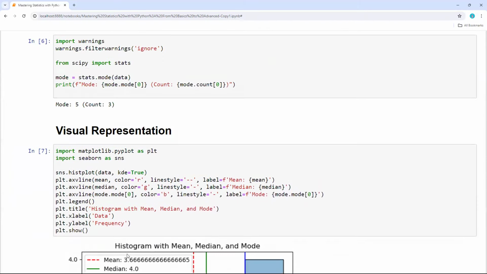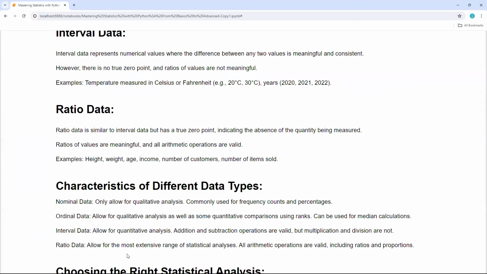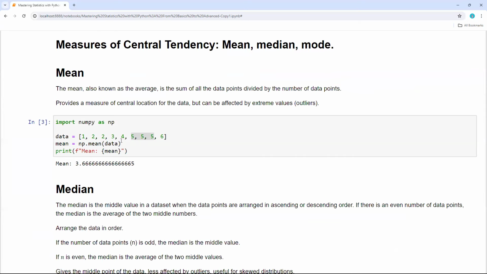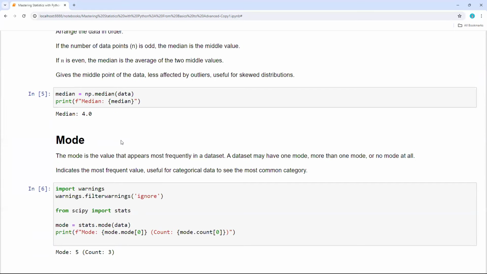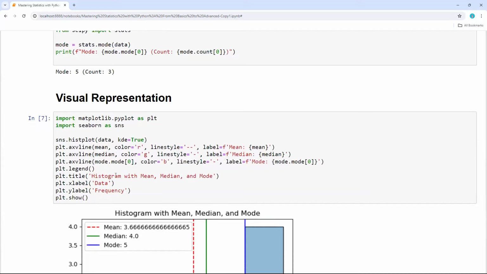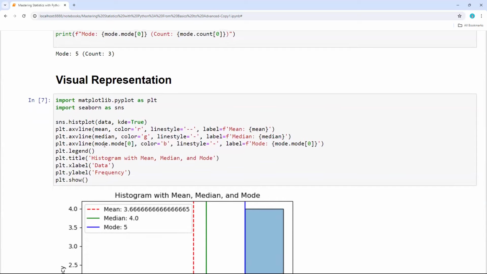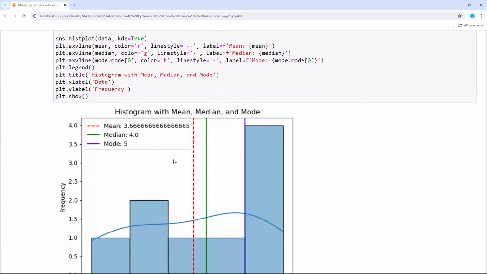For the same data, 1, 2, 2, 3, 4, 5, 5, 5, 6, I'm drawing a histogram plot using this data. I marked the mean, median, and mode with some colors and styles so that it gives me nice information.